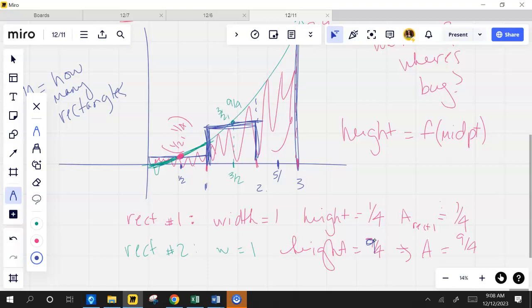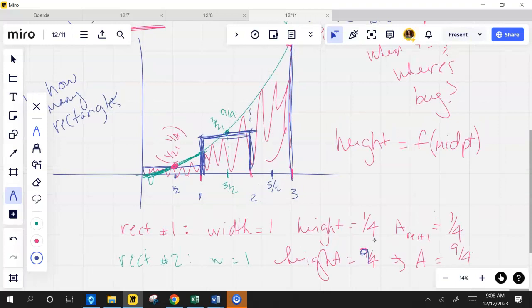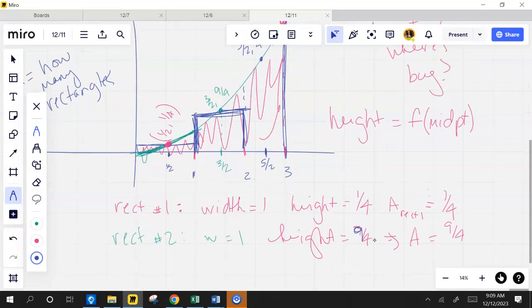Because remember, it's a rectangle. Y'all okay? 25/4 for that third rectangle.